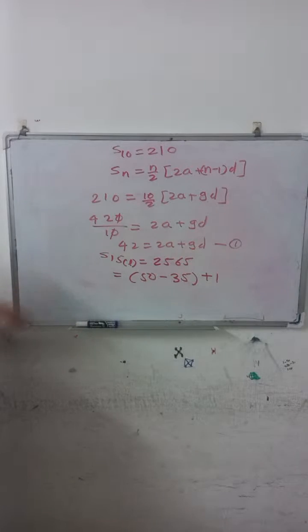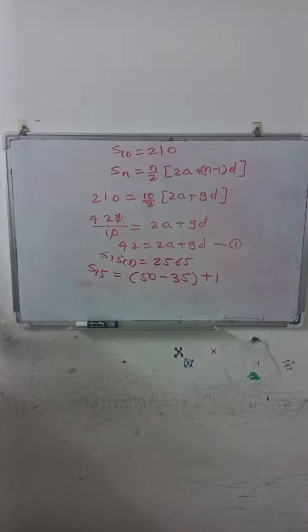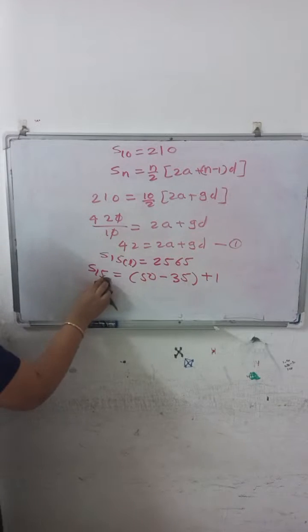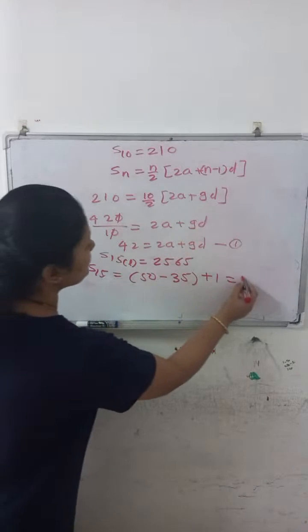Okay, once you get S15 here, keep the answer as it is. No need to solve this much, we can just write 50 minus 35 plus 1 as it is, and here we got the 36th term, no?